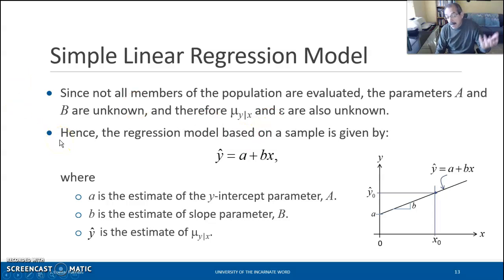And because we rely on a sample from that population, the actual model that we're fitting based on the data from the sample is what we call the sample regression model. And so this y hat is the response variable, but that's estimating the mean of the y values for a given value of x. Remember, we're calculating the equation of the line.